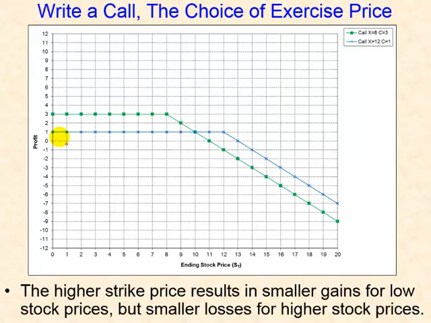And so the best that can happen when we write the $12 exercise price call is that we make $1 of profit, and for the $8 exercise price call, the best that can happen is we make a $3 profit. We see that the higher strike price, or exercise price, the blue line here, has lower potential profit at low stock prices, but it also has a smaller potential loss than the green line at high stock prices.